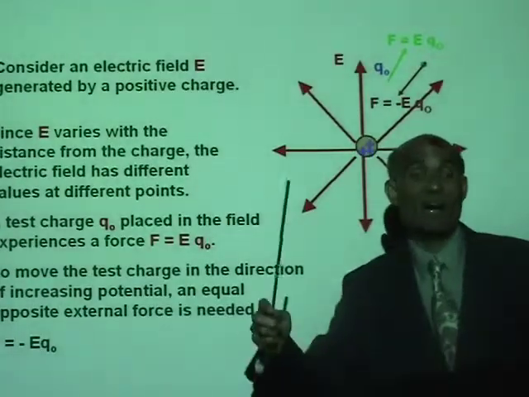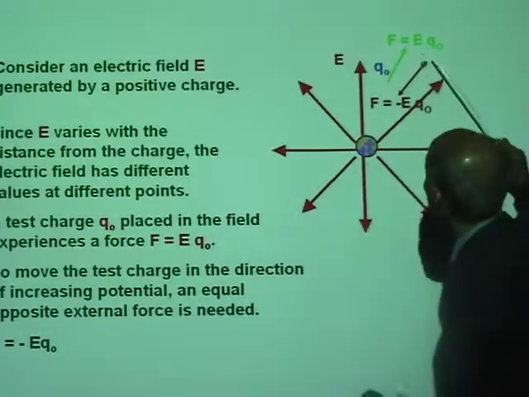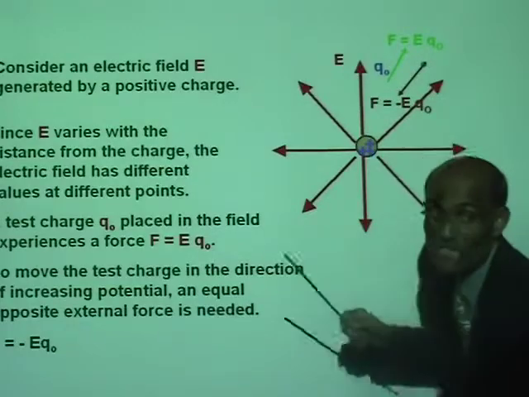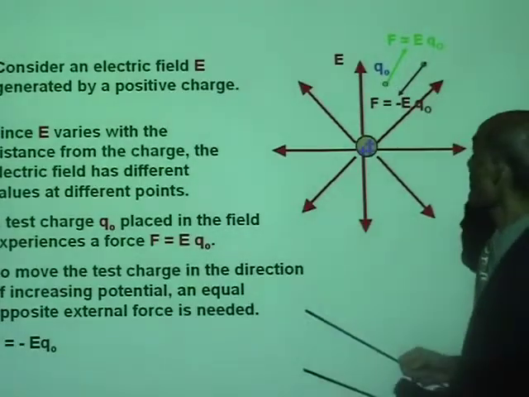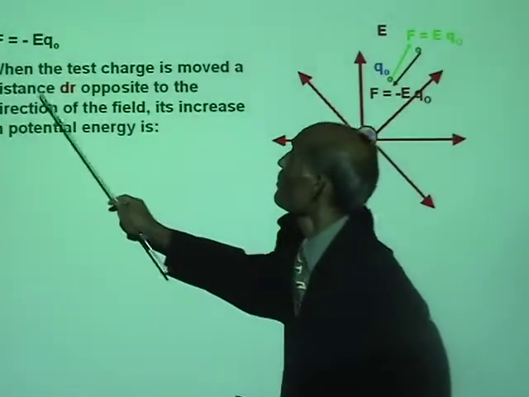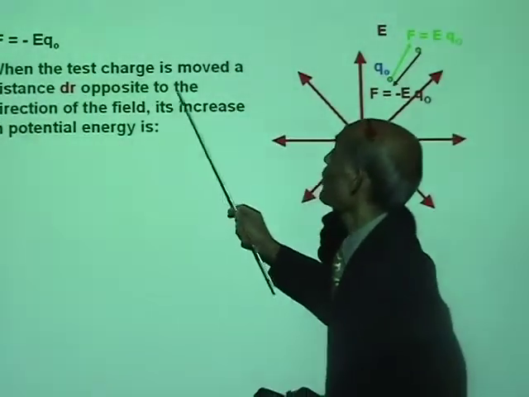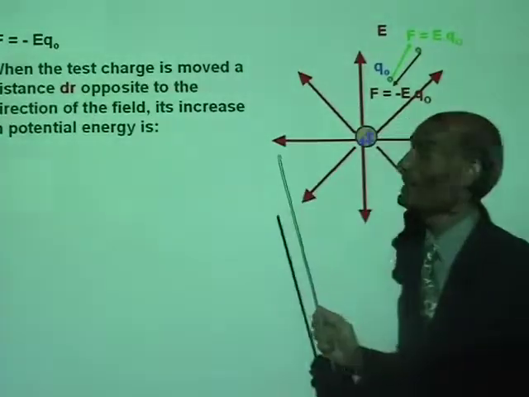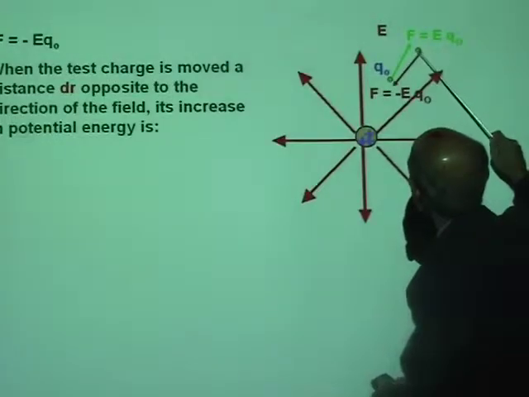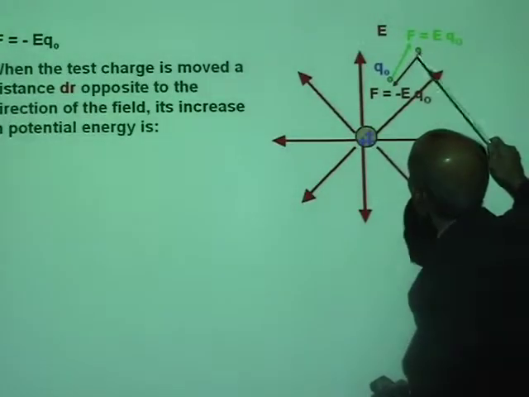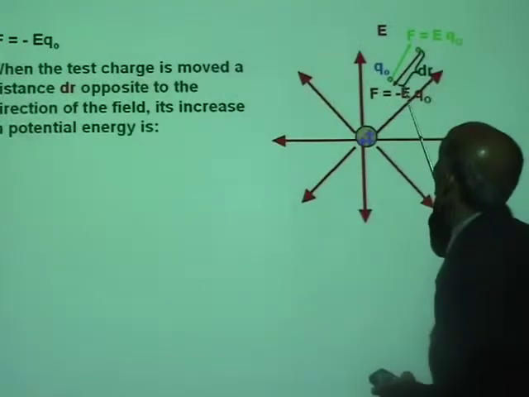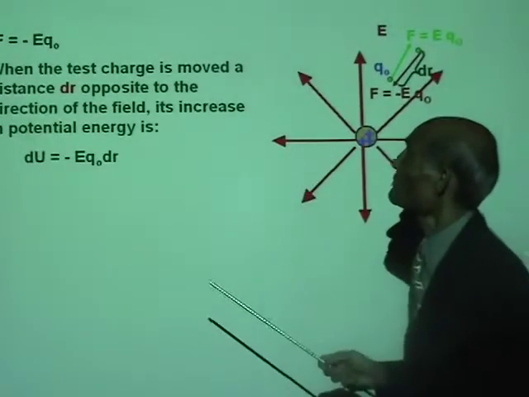The work done by an external force to move it in the direction of increasing potential. Alright? Now, when the test charge is moved a distance dr opposite to the direction of the field, if this is the applied force, and if you move that test charge a little distance dr, what is the work done?